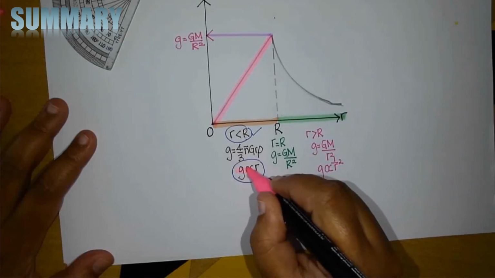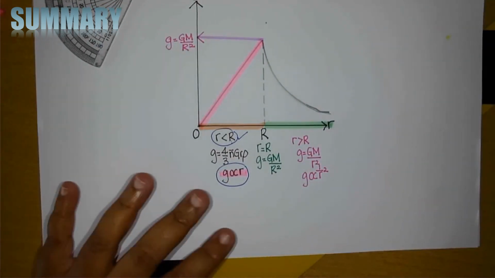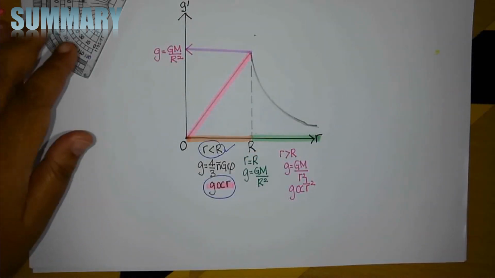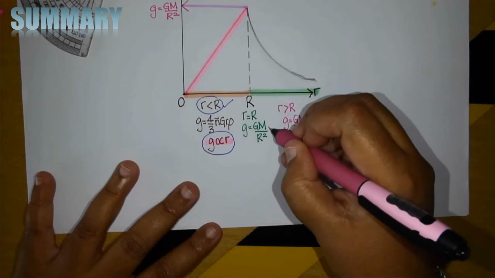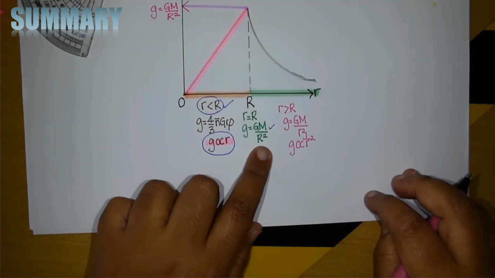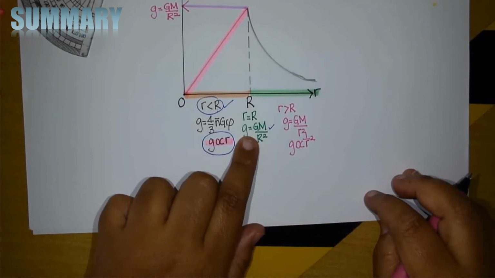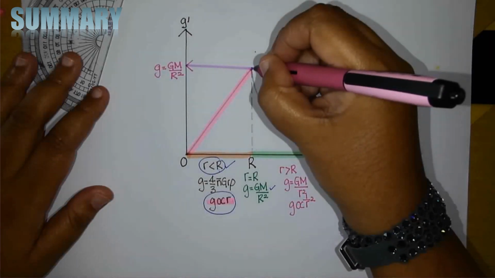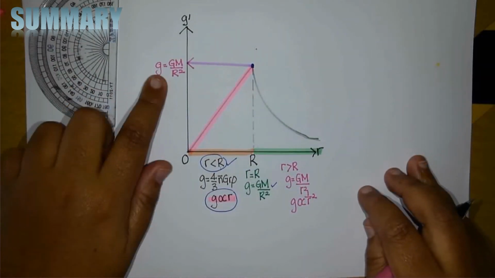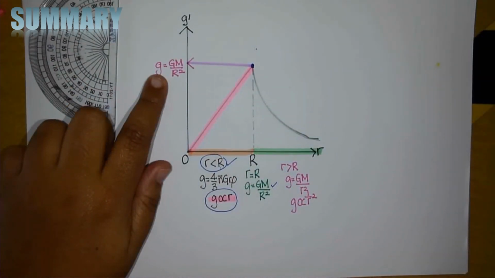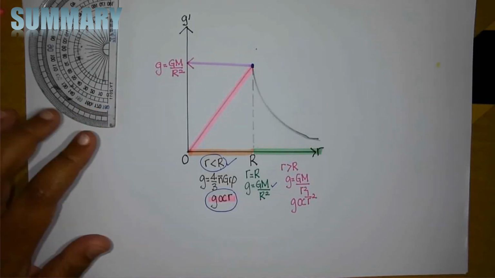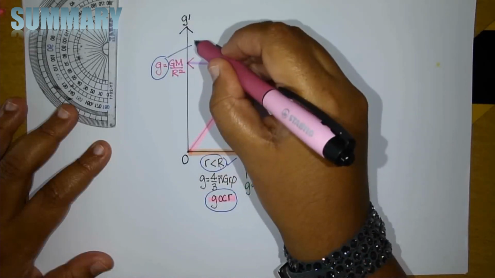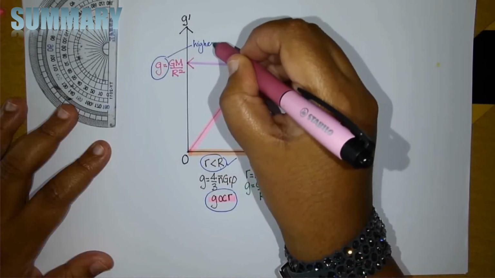At the radius of the earth, capital R, g equals Gm over R square. Since g is inversely proportional to R square, at this particular point g has the highest value. The acceleration due to gravity is the highest.